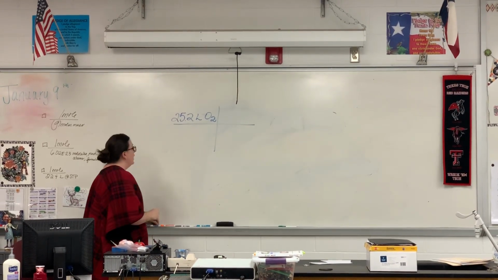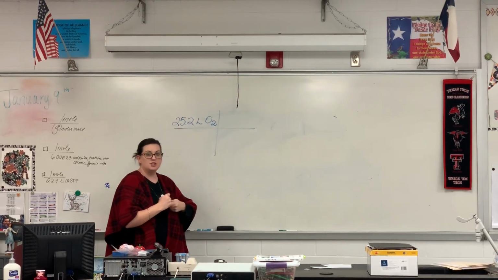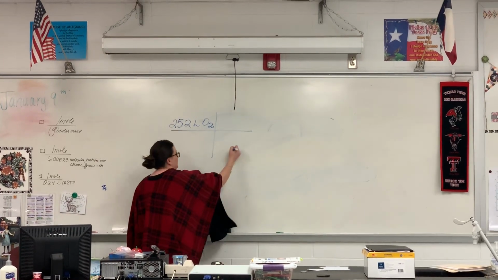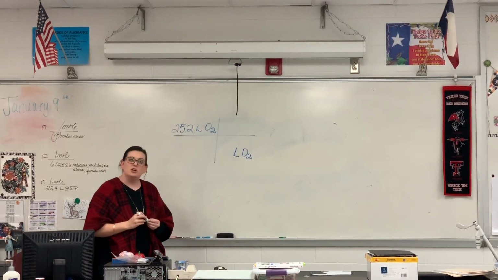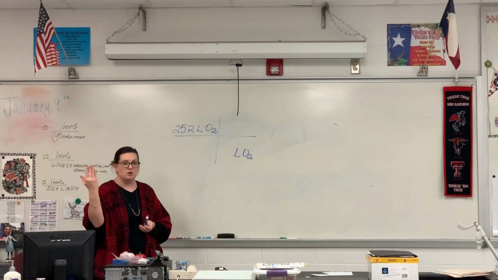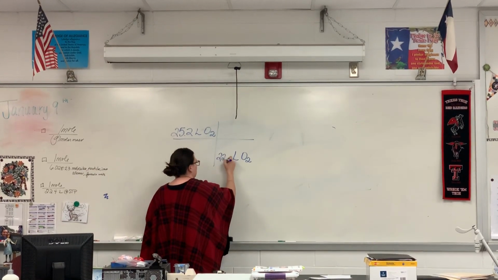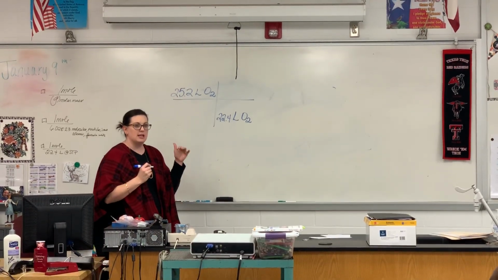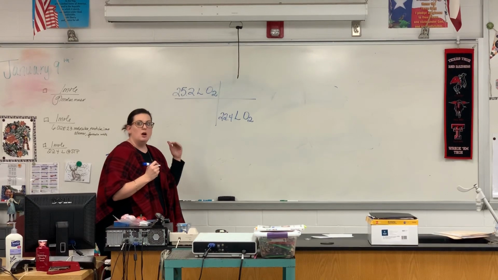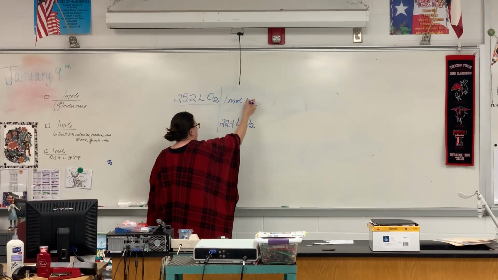Now, what goes in the opposite box? Liters. Liters of who? Oxygen, O2. Now, is there a conversion from liters to moles? Yes. 22.4 liters of oxygen at STP, which means standard temperature and pressure, always and forever equals 1 mole of O2.